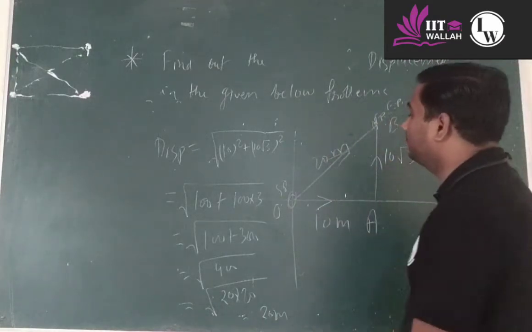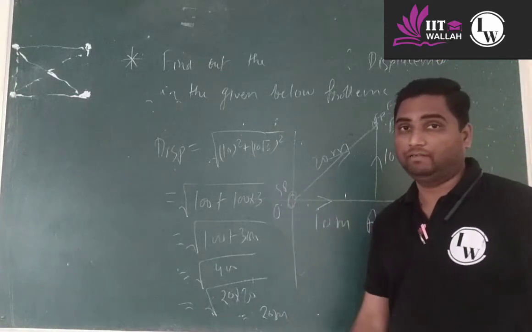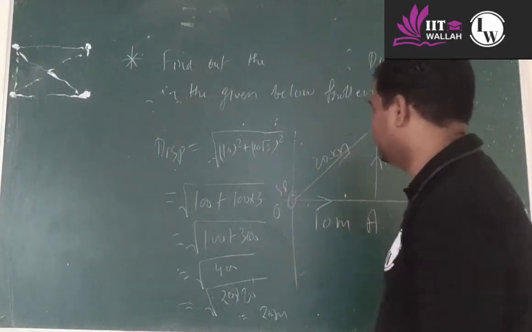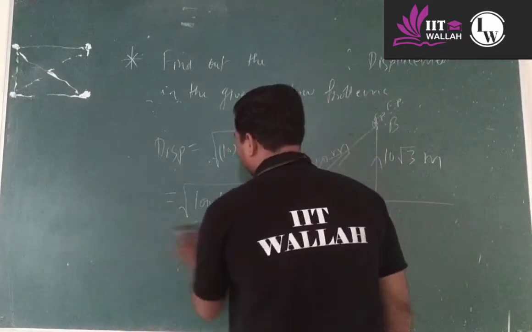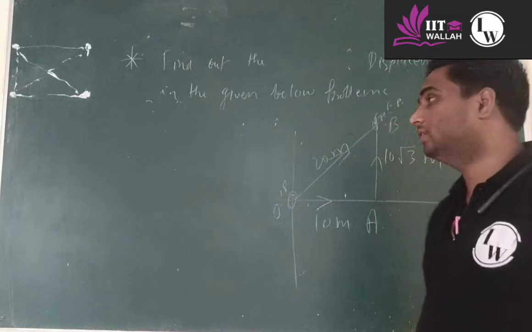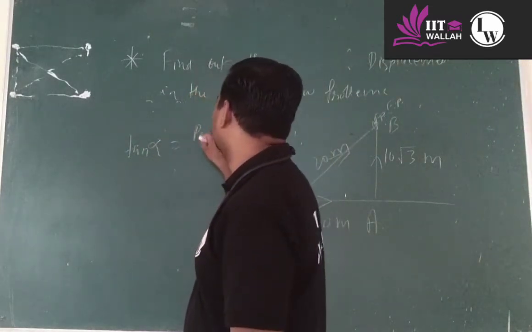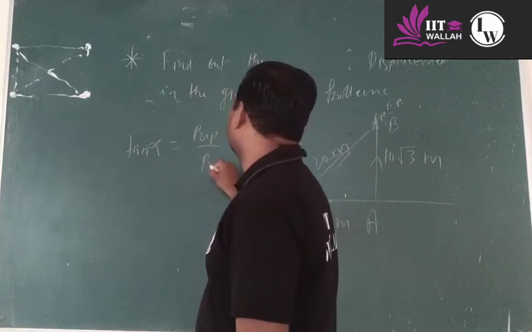Now you have to find the angle, in which direction the person is traveling. Use the formula of tan alpha, which is perpendicular upon base.